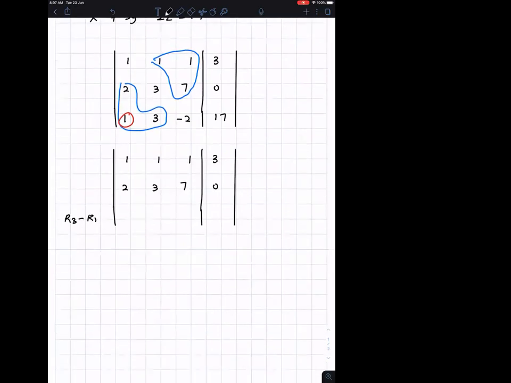So row 3 is 1, 3. Row 3 minus row 1. I think I got that right. It's okay, we will do that again.